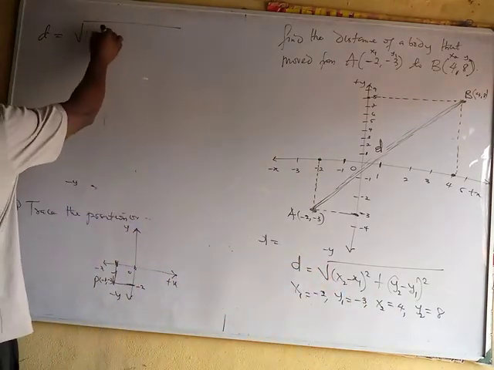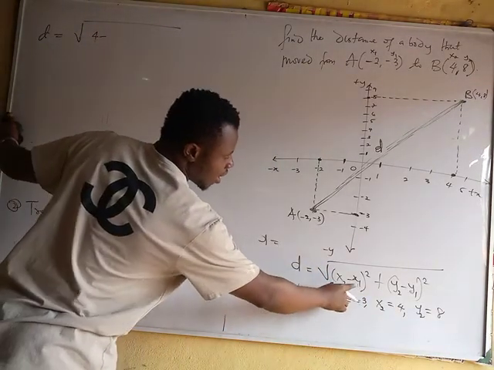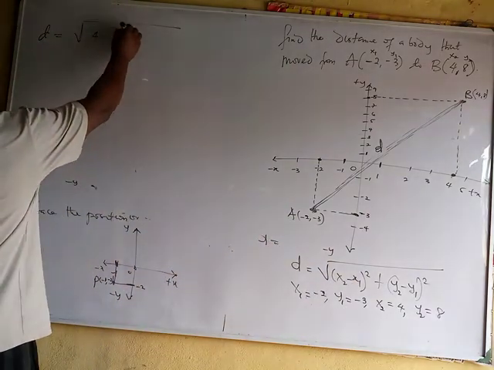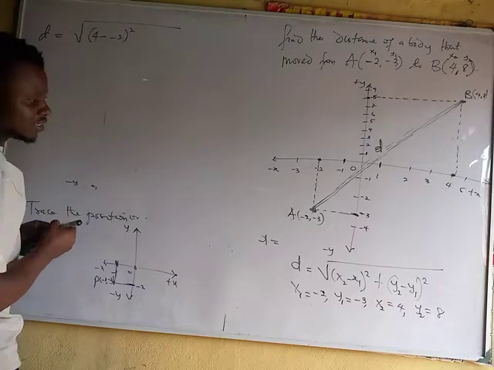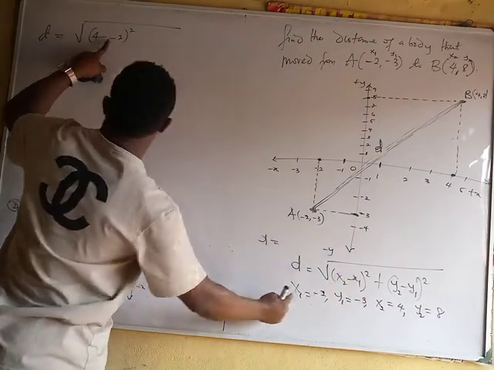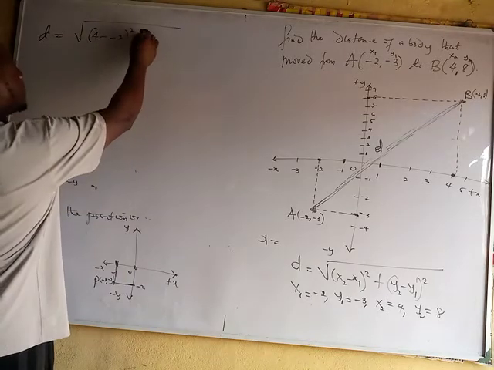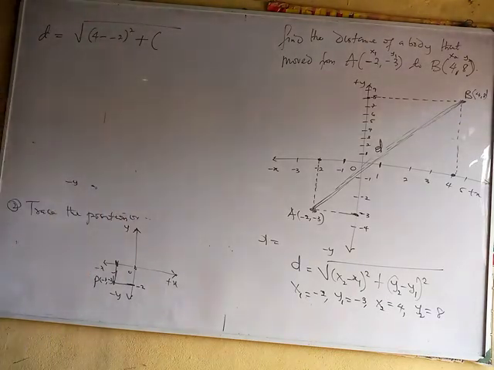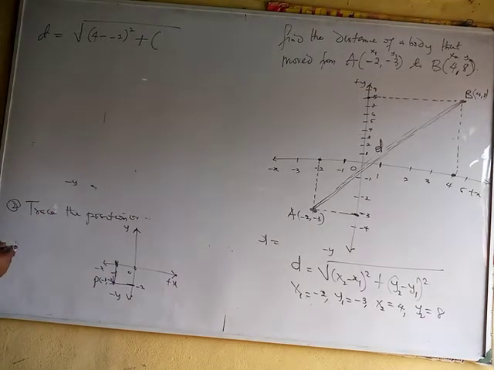We put 4 minus, our S1 is minus 2, so we have minus minus 2, all square. Please, this minus is for this, S1 is minus 2. Plus, we have Y2.